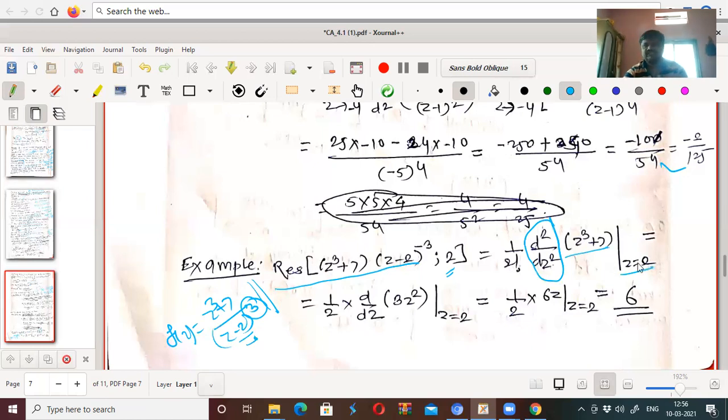Now the second derivative means we take the first derivative of z cube plus 7, which is 3z square, and then 6z. At z equal to 2, it becomes 1 by 2 into 6 into 2, that is 6. So the residue of z cube plus 7 into z minus 2 to the power minus 3 at z equal to 2 is 6.